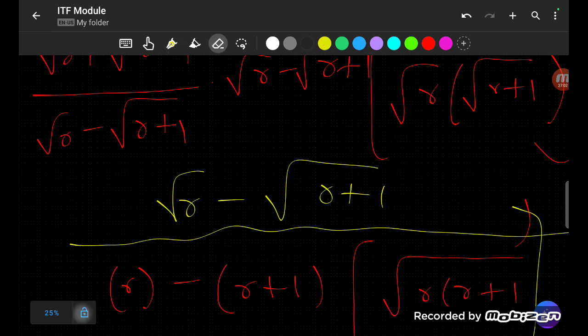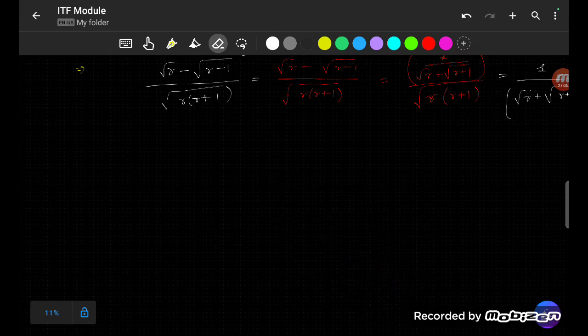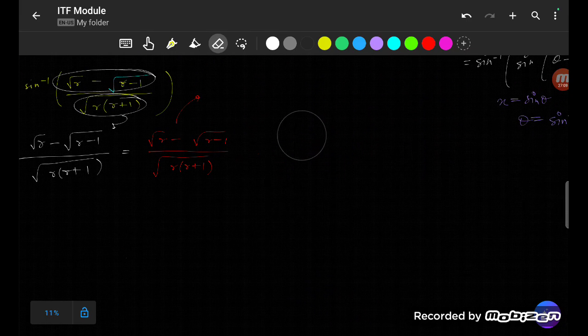No, but the whole problem is that this r plus 1 is not there, so it seems this term r minus 1 exists.